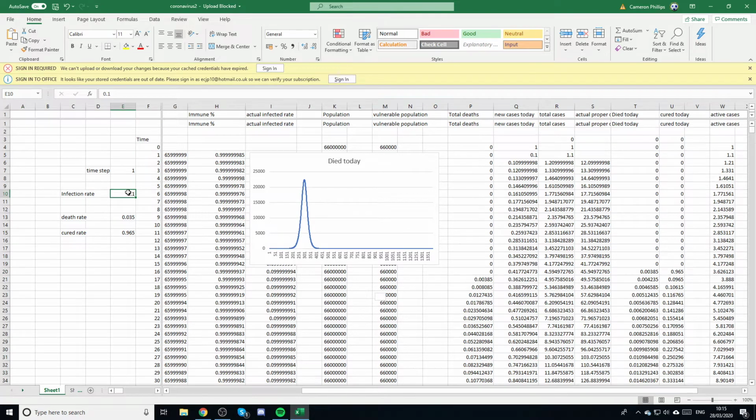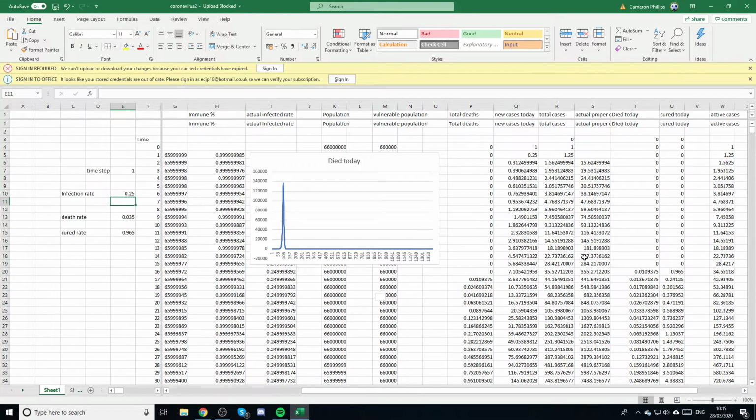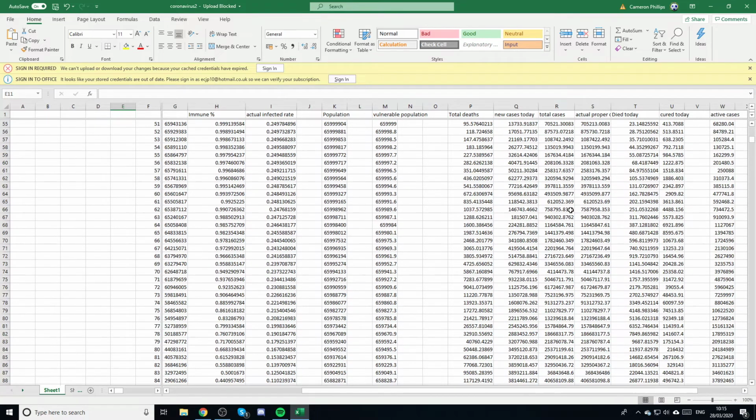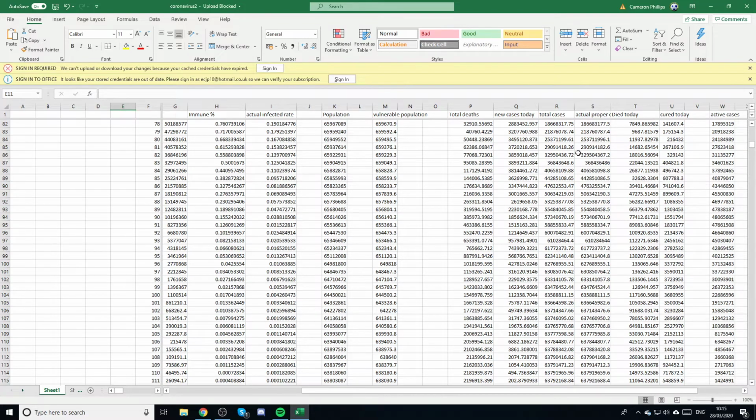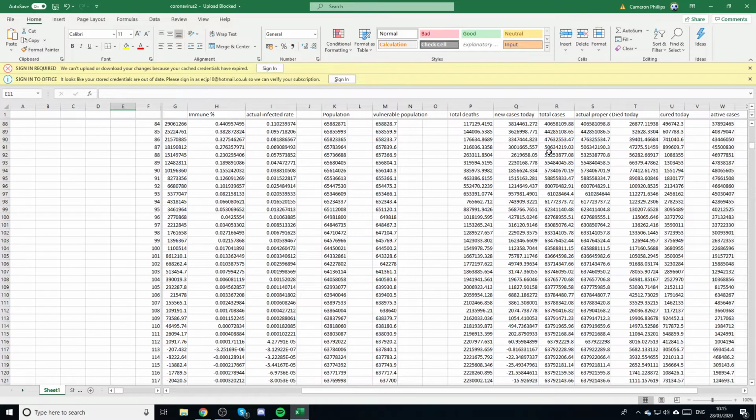Let's remember the UK's was 0.25 actually, isn't it? Where we are at the minute, when we started, the death rate from those who got it 14 days ago, we can say the infection rate was 0.25.